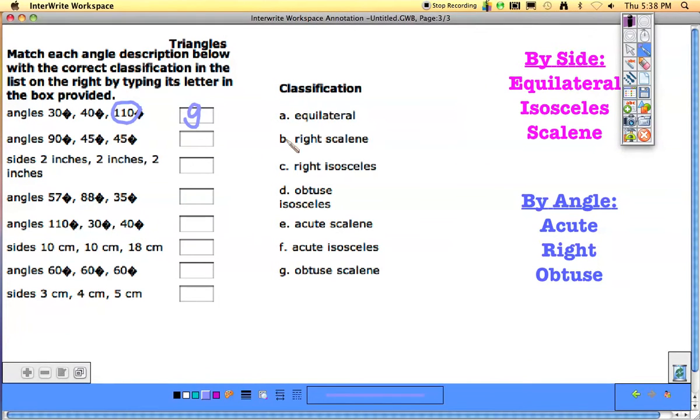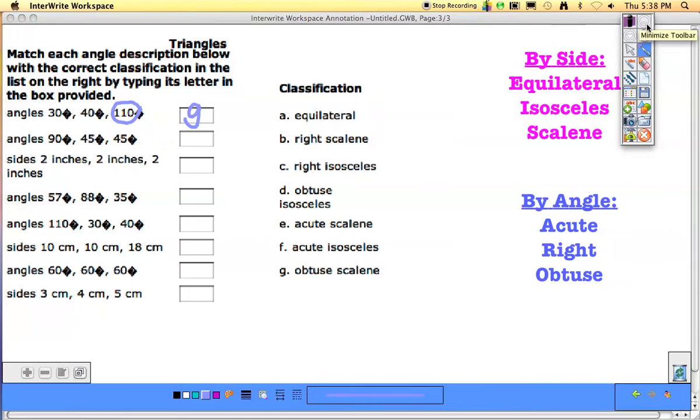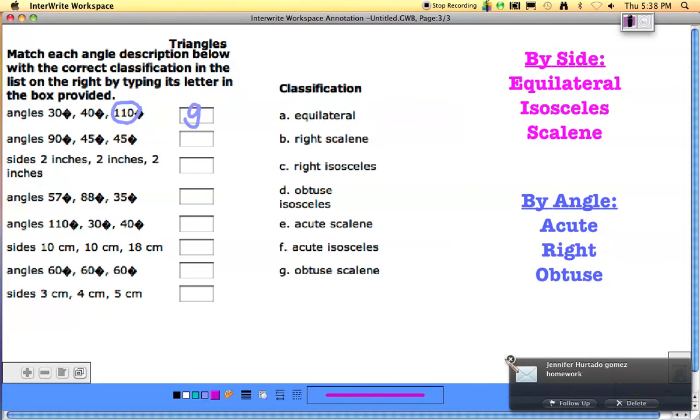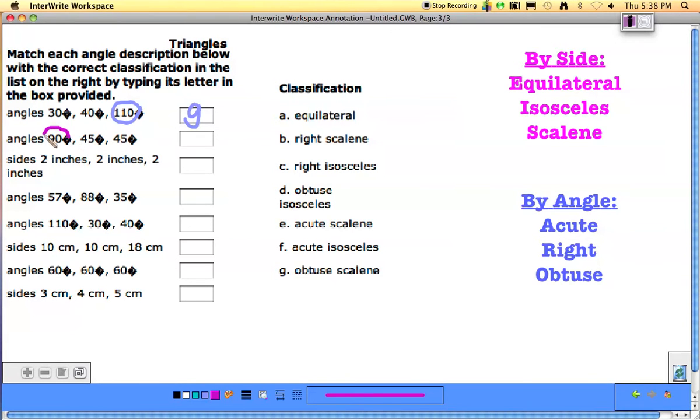So the next one we're going to look at is a triangle that has a 90-degree angle and then 45 degrees and 45 degrees for the last. So I see here that I have this 90-degree angle, and automatically I should be thinking in my head, that's a right triangle, because a right triangle has exactly one 90-degree angle.